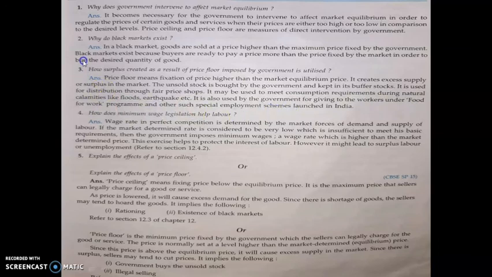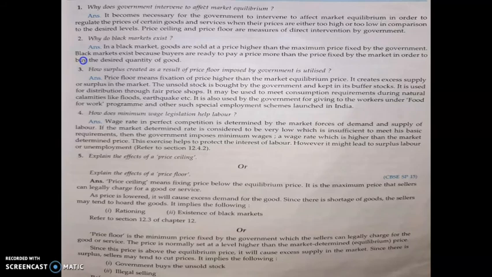Okay. So the implication of floor price is what? Government fixes the price above the equilibrium price. If there is a hike in price, what happens? The demand will decrease, at the same time supply will increase.